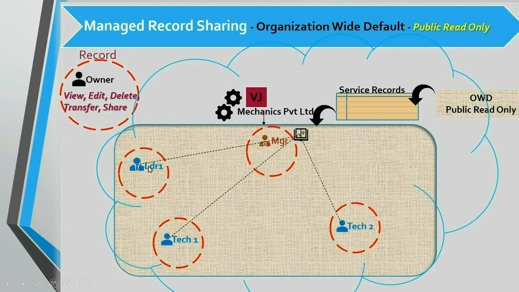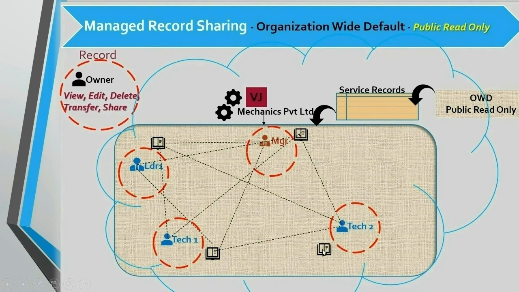Same way, the record created by LDR1, that record's read access would be shared to MGR, Tech1 and Tech2. And the record created by Tech1, the read access of that record would be shared with LDR1, MGR and Tech2. And the record created by Tech2's read permission would be shared to MGR, LDR1 and Tech1.